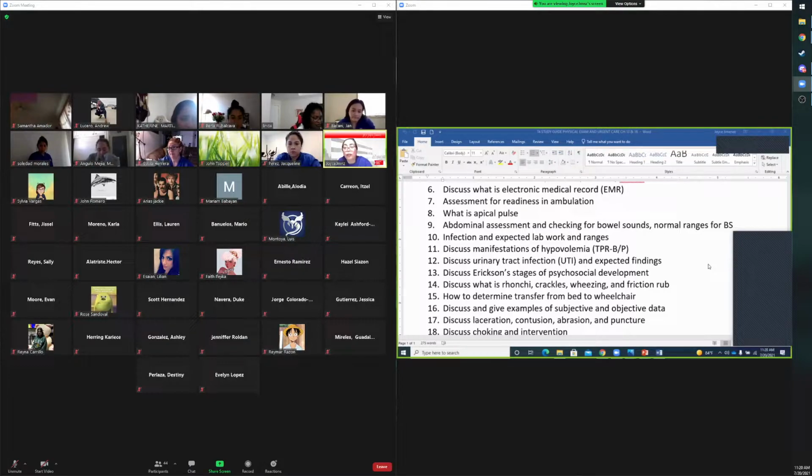So what does it mean? Those stages depend on the ages. Trust versus mistrust is in toddlers, and then preschoolers have their own.